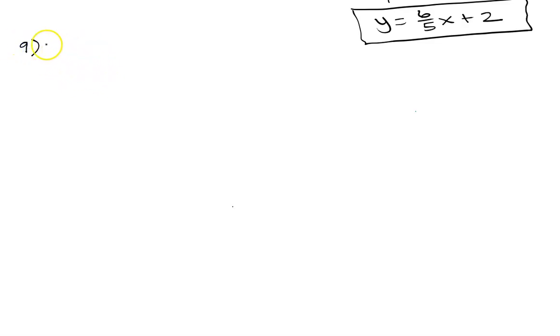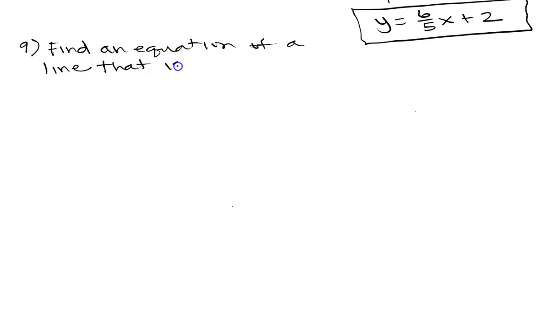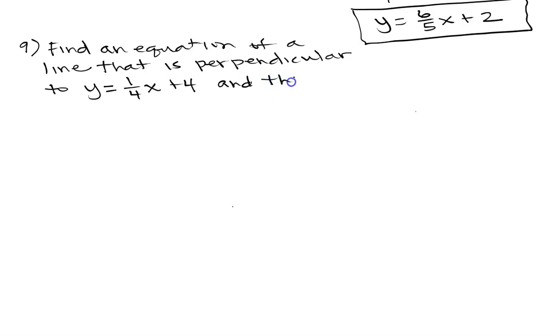So if I ask you to find an equation of a line that is perpendicular to the line y equals 1/4 x plus 4, and through the point 2, -11.